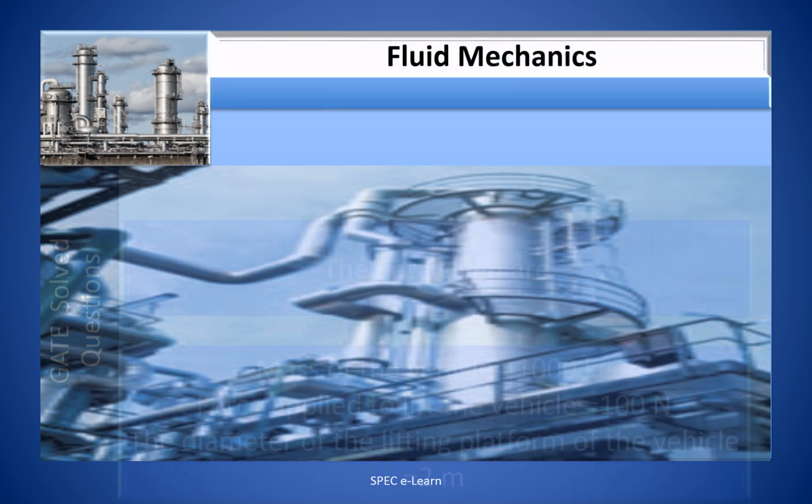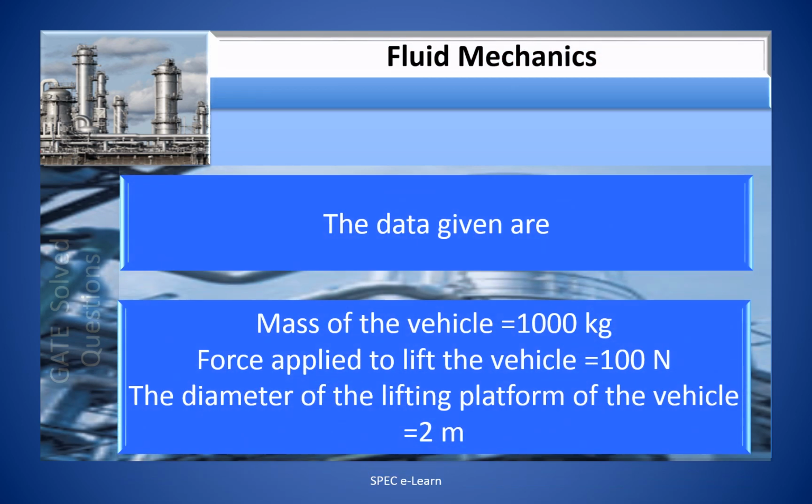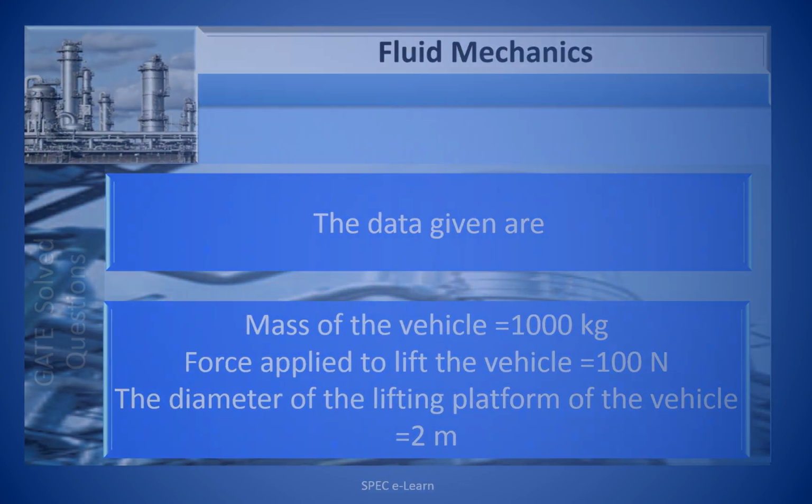The data given are: mass of the vehicle 1000 kg, force applied to the lift is 100 Newton, and the diameter of the lifting platform of the vehicle is 2 meters.